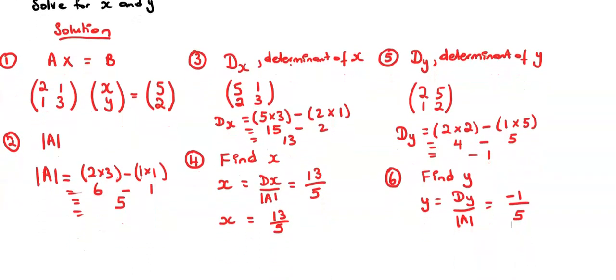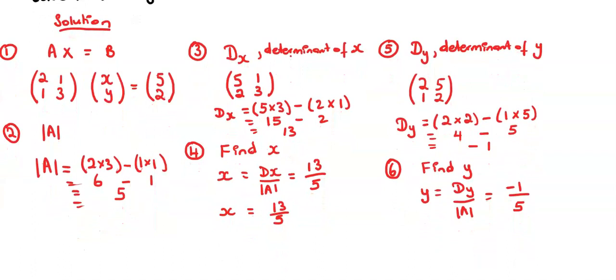So our answers are x is equal to 13 over 5 and y is equal to -1 over 5.